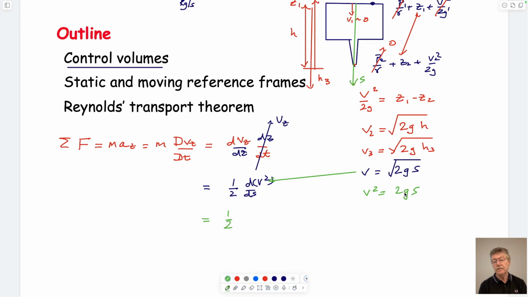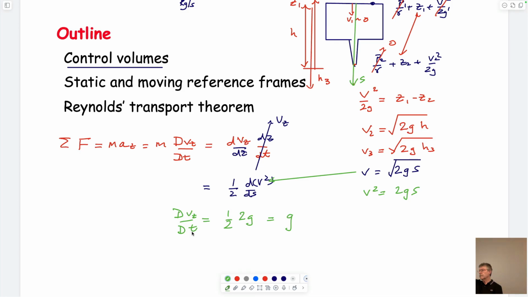The derivative of 2gs is 2g, so Dv_z over Dt is g.